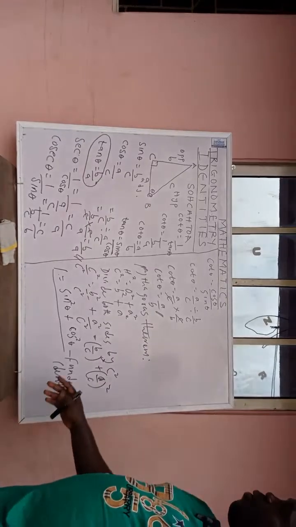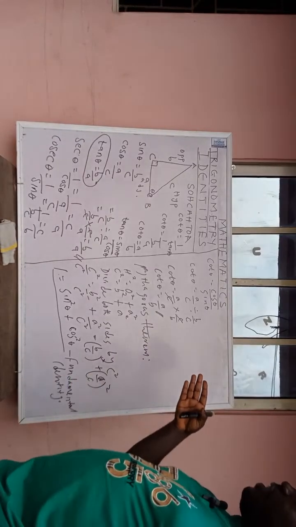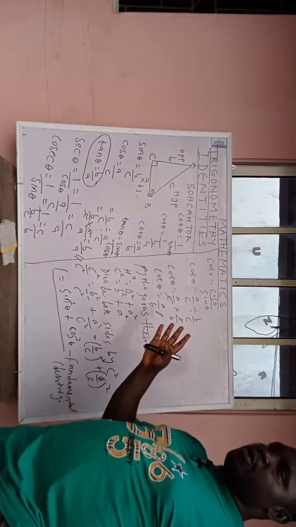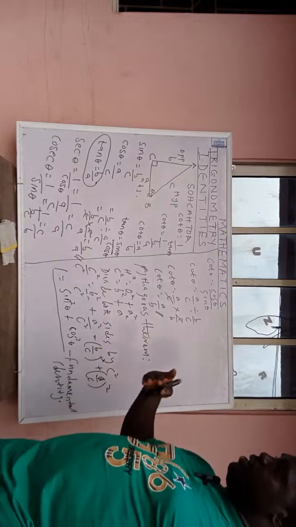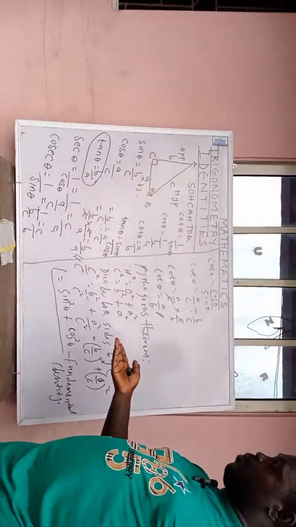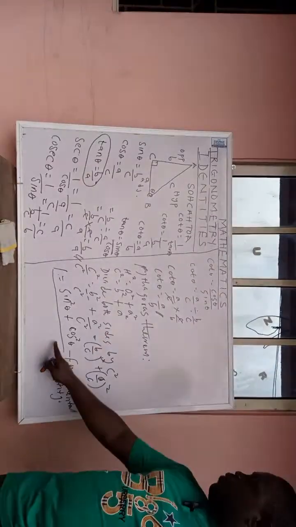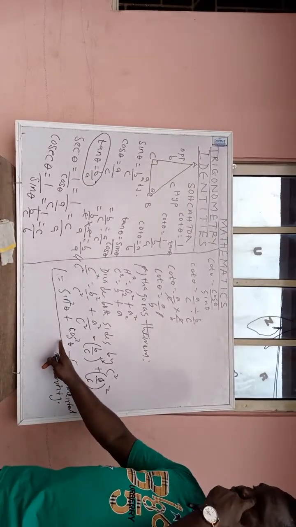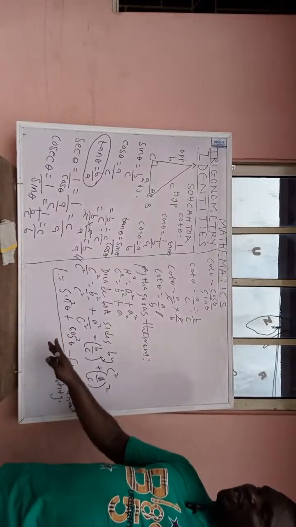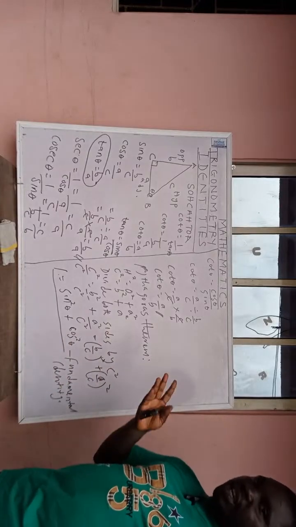You see, I always like teaching trigonometry before venturing into calculus, I mean differentiation and the rest. The reason is that there are questions I'll be solving in calculus where I will need the knowledge of trigonometry to navigate properly.